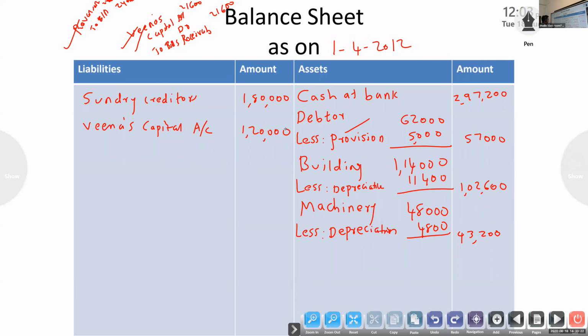The new partner's capital you can write: Leela's capital account, 1,20,000. Then Asha's capital, 80,000.